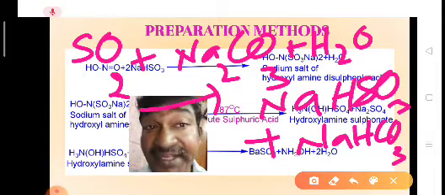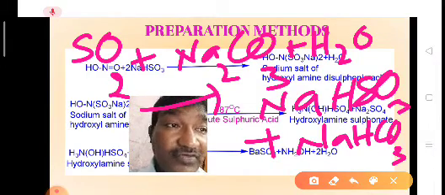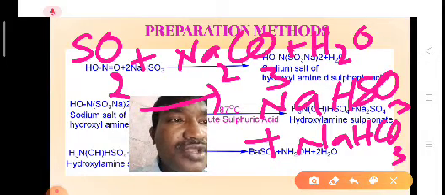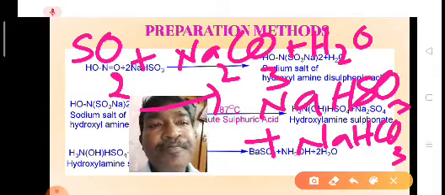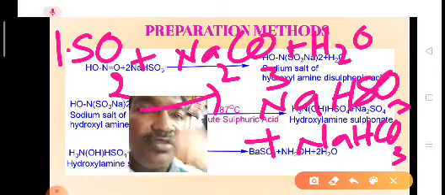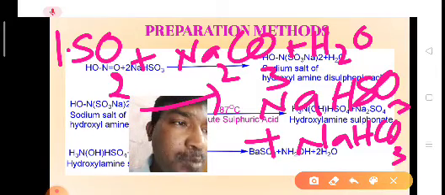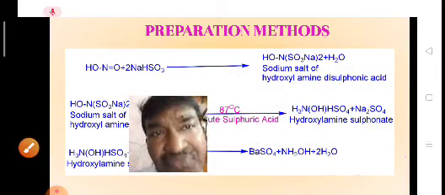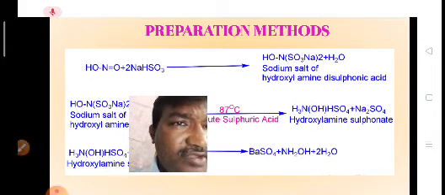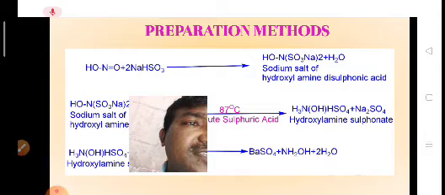Sodium bisulfite, not sulfate, bisulfite. And second salt is the sodium bicarbonate. So we get such two salts. So this is the first reaction we have to remember. Okay?